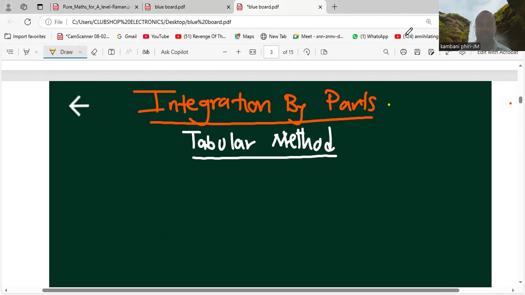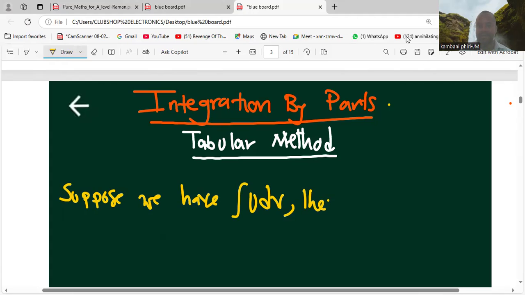You remember that the ordinary way of integrating by parts, we normally say, suppose we have the integral of u dv, all right?